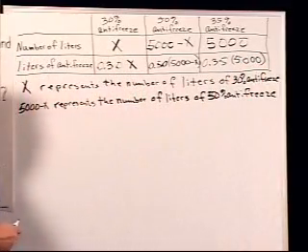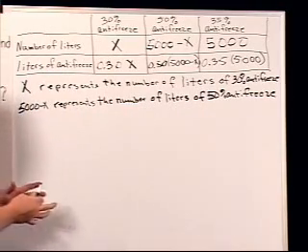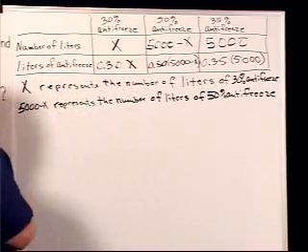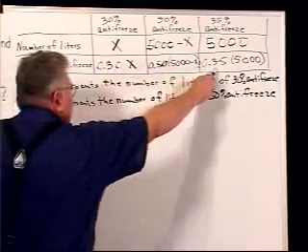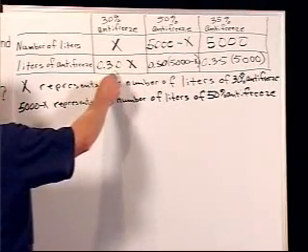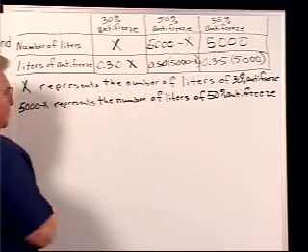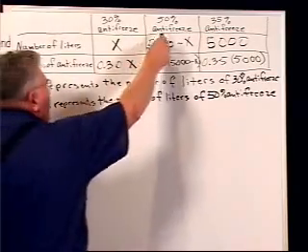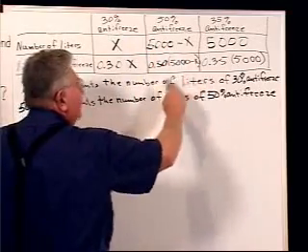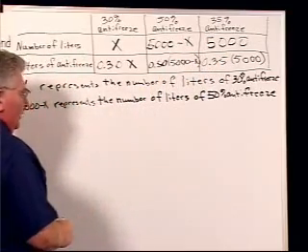Now, in a mixture problem, I could have drawn pictures of this, and maybe the pictures would translate into an equation. If I do a little chart like this, the bottom line right here becomes my equation. The amount of antifreeze from the 30% solution combined with, which means add, the amount of antifreeze from the 50% solution will equal the amount of antifreeze that I end up with in the final mixture.